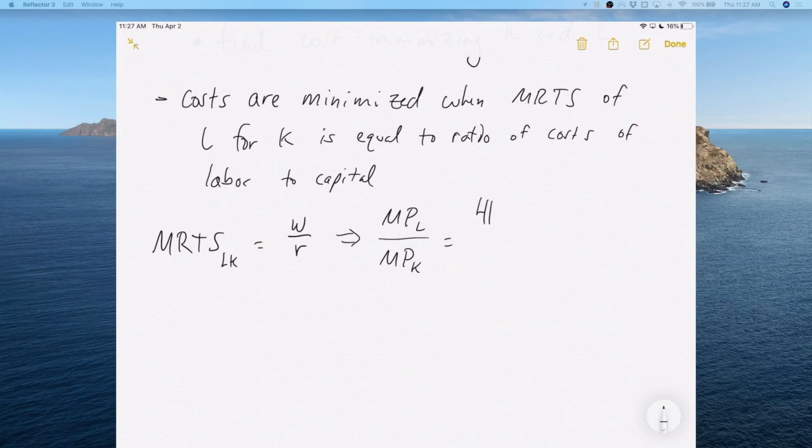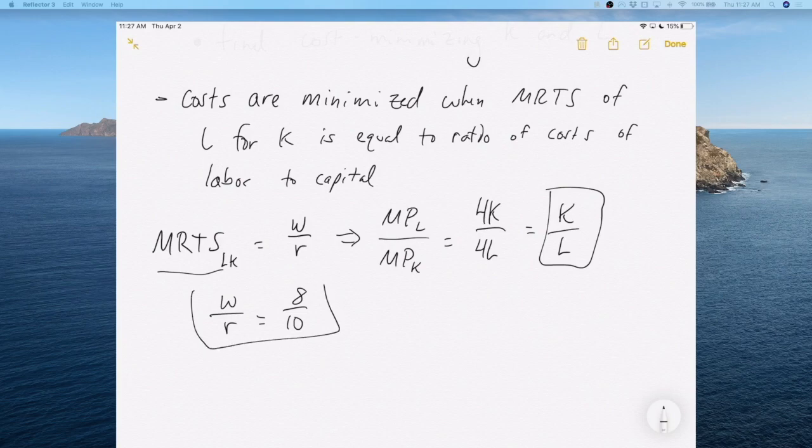So we can say 4K over 4L and simplify that and say K over L. We also say that the wage rate over the rental rate is 8 over 10. So we can set the marginal rate of technical substitution, which is here, equal to this to solve for either K or L. In this case, I'm going to solve for K because we have K in the numerator right here.